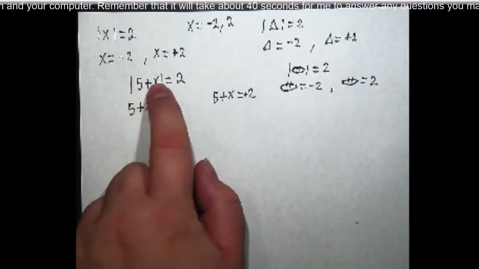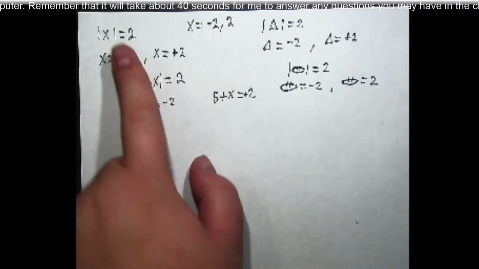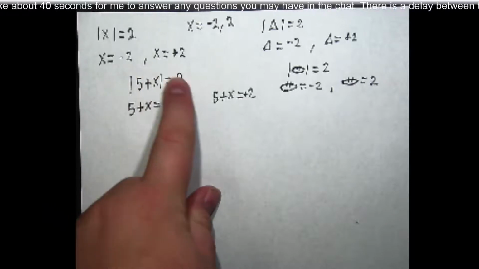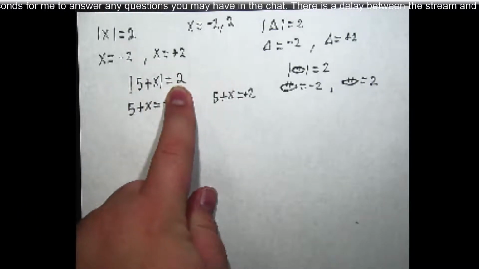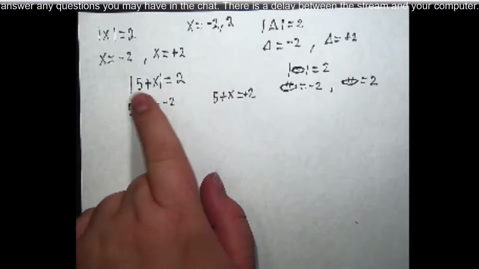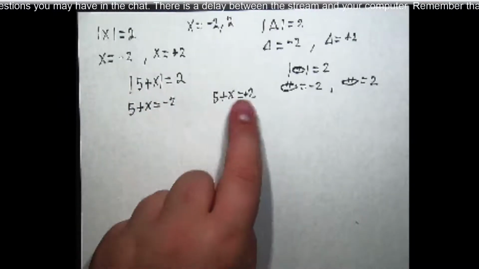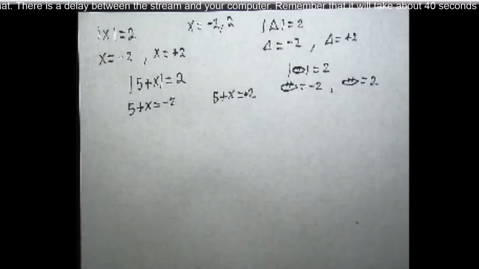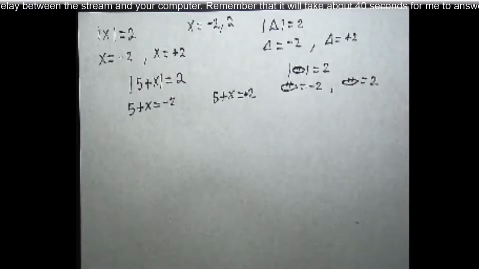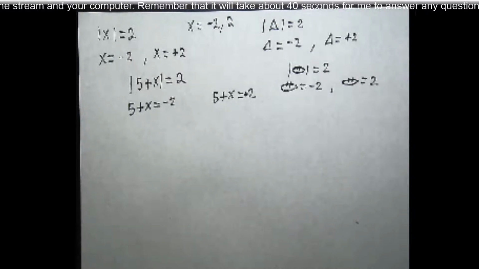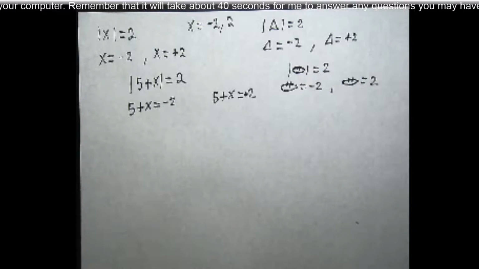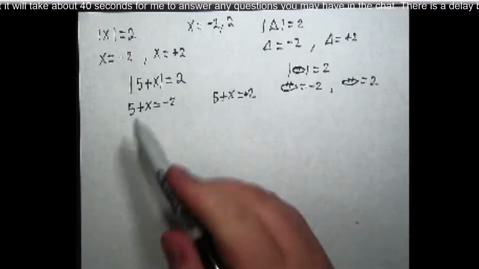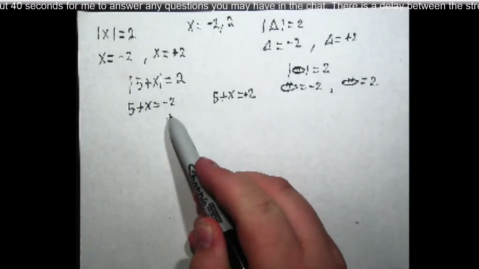Okay? Anything that is inside of here, we're going to do the same thing. We're going to say, all right, this whole thing somehow gets us a 2. Well, what are the ways that we can get a 2 if we have an absolute value? Either negative 2 or positive 2. Does that make sense? Okay. So now we can look at these separately and solve them. So 5 plus x equals negative 2.